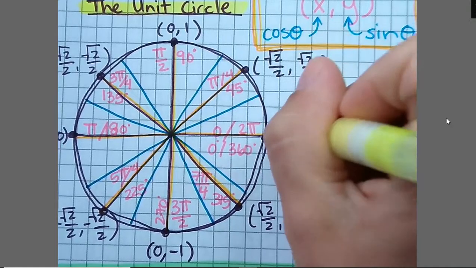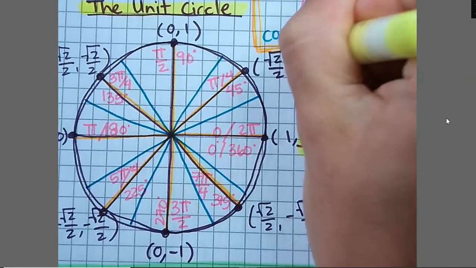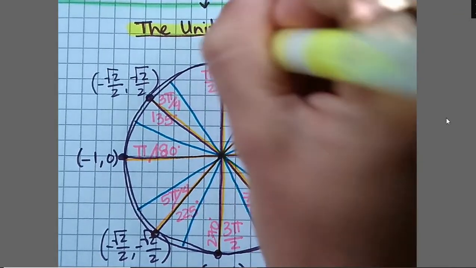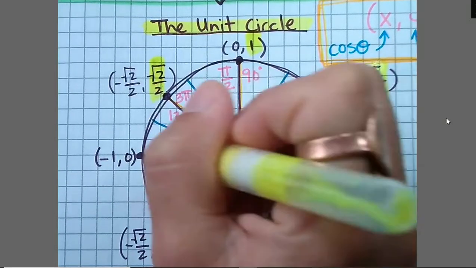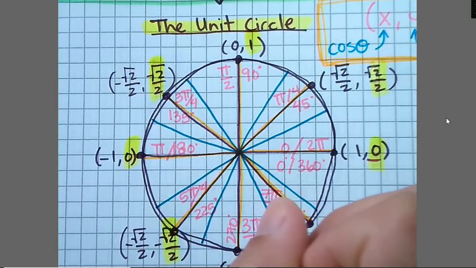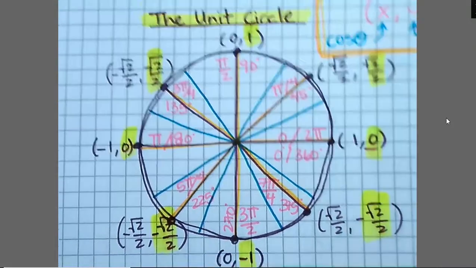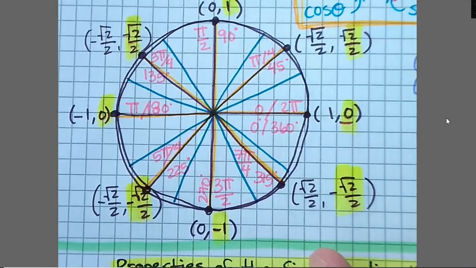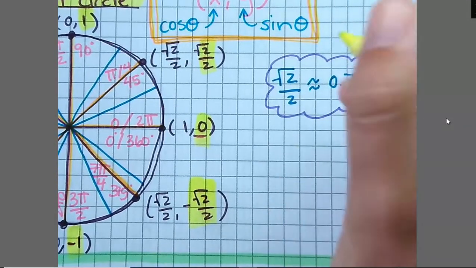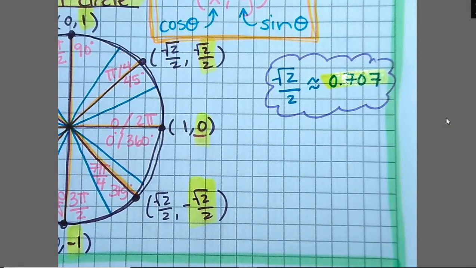For each one, we're going to take all the y values: 1, root 2 over 2, 0, negative root 2 over 2, negative 1, and negative root 2 over 2. These are all the values that I'm going to plot. And keep in mind that root 2 over 2 is about 0.707.